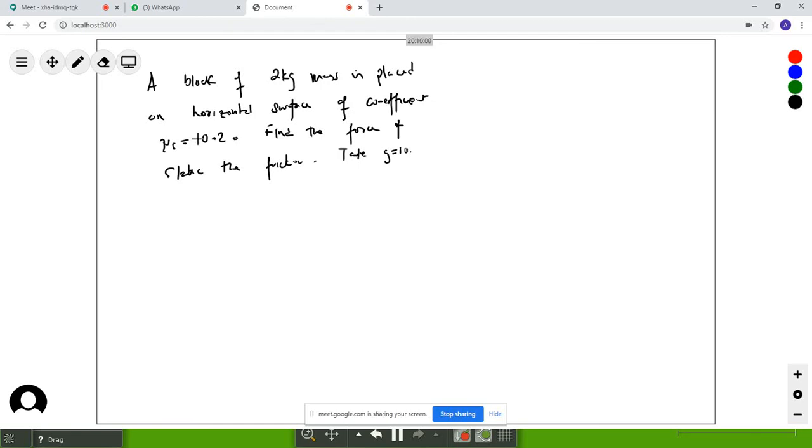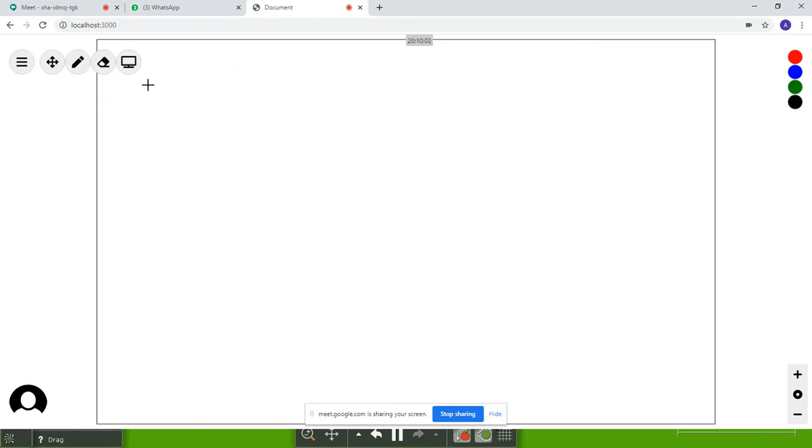Next question. A block of mass 2 kg is placed on a floor, the coefficient of static friction mu s is equal to 0.4.